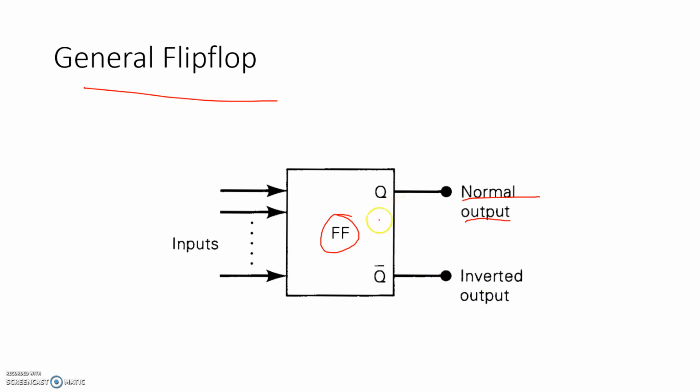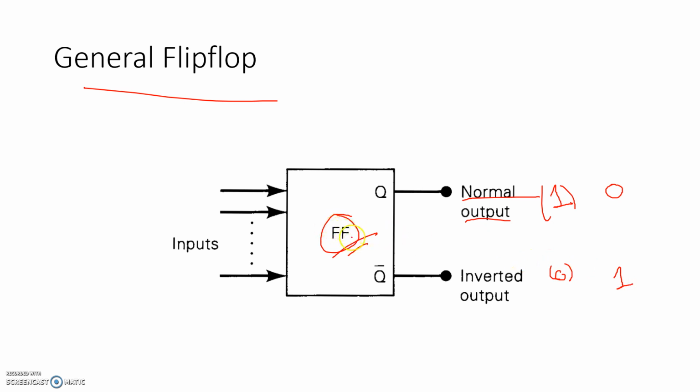Suppose I say the flip-flop is in set condition. Set means 1. So you should understand that the normal output is 1, which means the inverted output is 0. Suppose I say the flip-flop is in clear or reset mode. Reset means clear everything, that is, the normal output is 0 and the inverted output is 1.